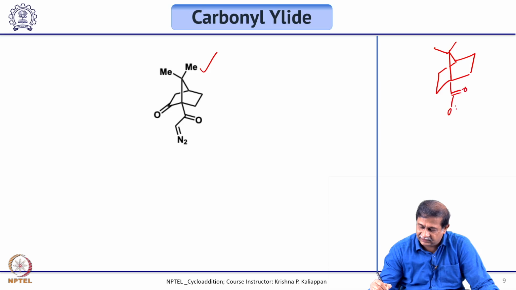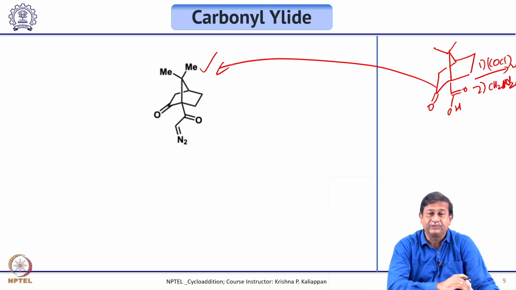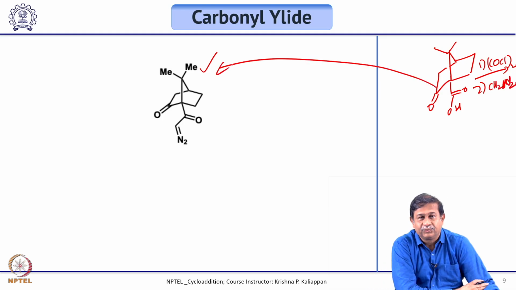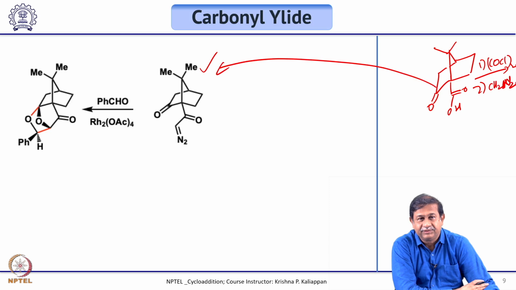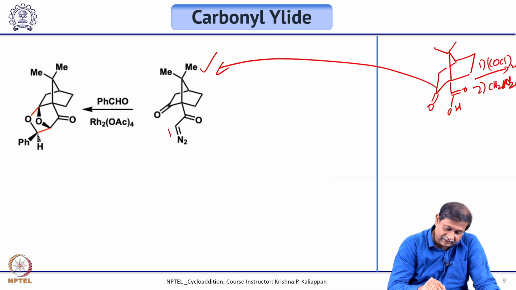So, this is a commercially available chiral compound, and if you treat with oxalyl chloride and diazomethane, you get this compound. Okay. So, once you have this, then if you treat with dirhodium tetraacetate, the ring size which will be formed is a 5-membered ring.